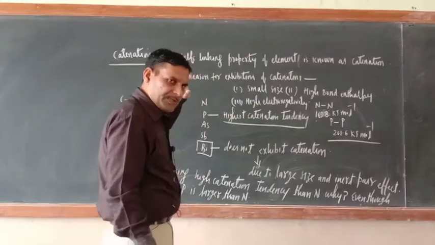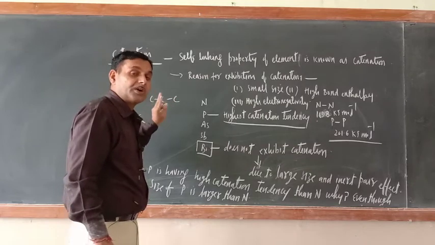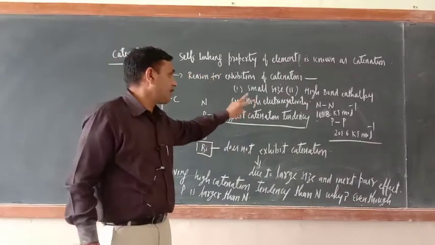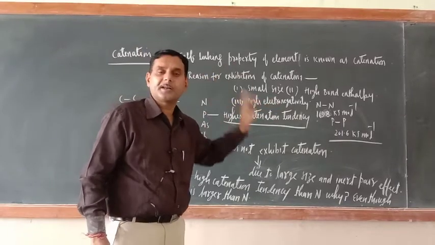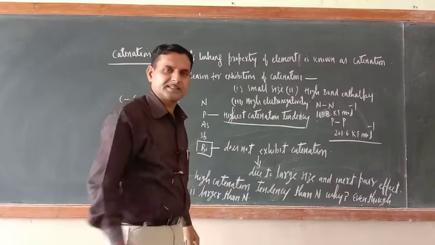So if we see this one, I am not talking of 14th group, because in 14th group carbon has got the highest catenation property, and carbon is fulfilling these 3 criteria. Carbon is the first member of 14th group, so its size is small.